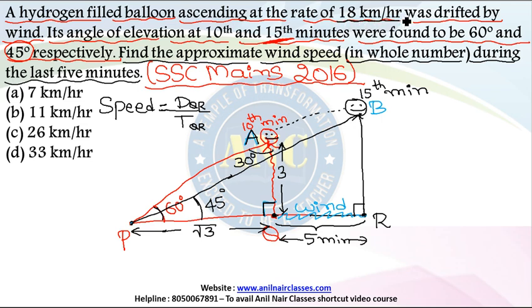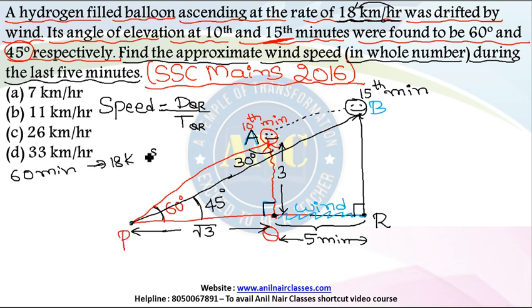What is the meaning of 18 kilometers per hour? It means in 1 hour, in 60 minutes, it will travel 18 kilometers.